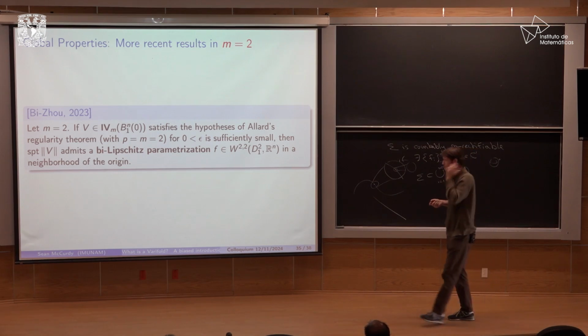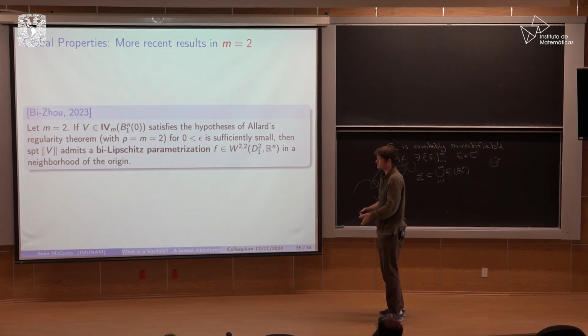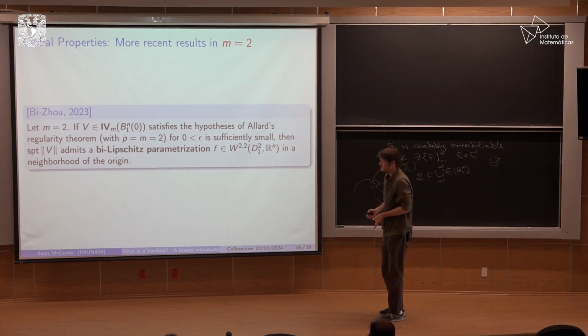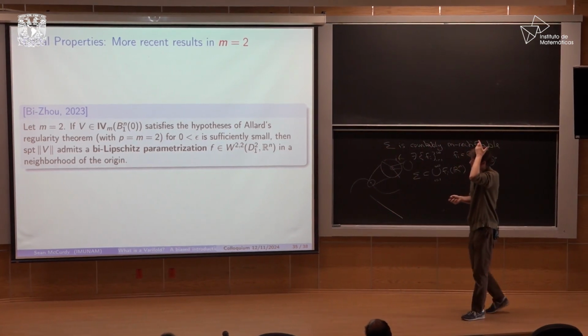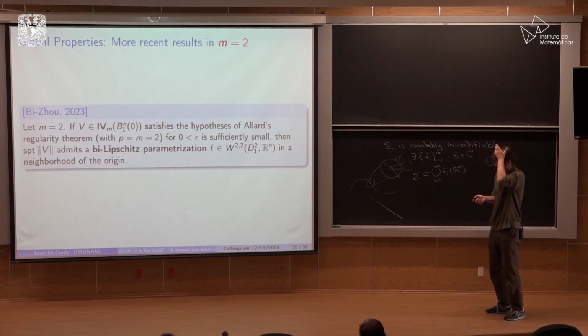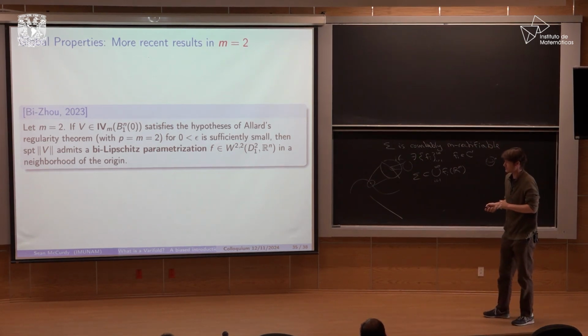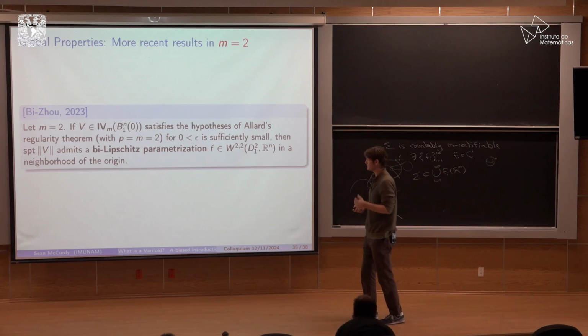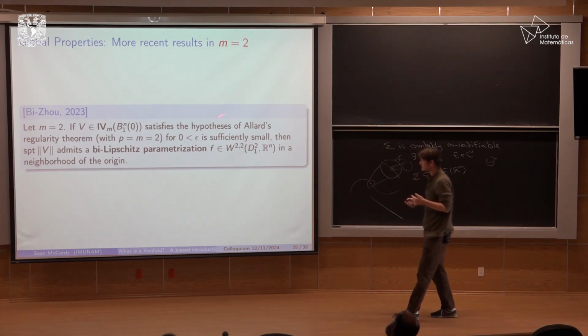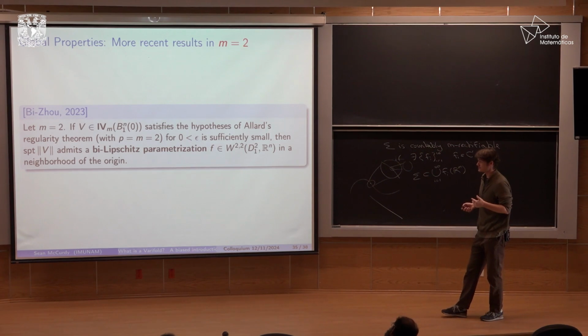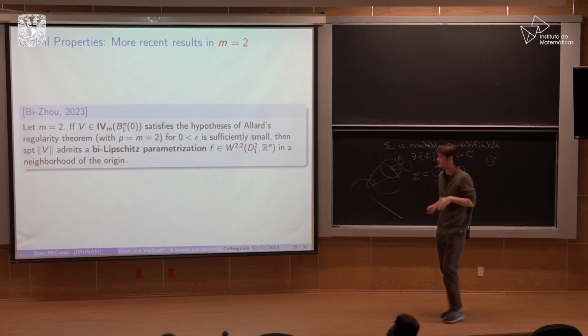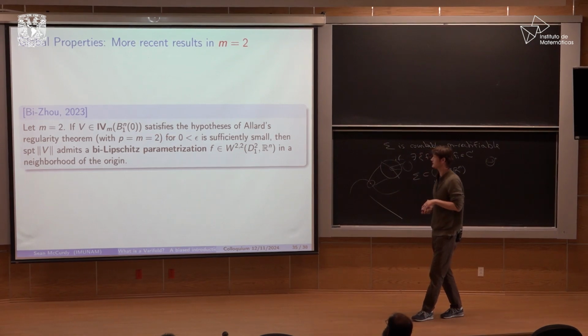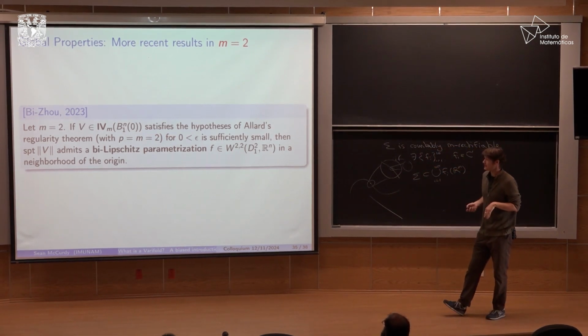And this was left basically without any real progress up until last year, when Bi and Zhao published this really beautiful paper, which says that for two-dimensional varifolds, if we assume that the density only takes integer values, and if we assume also the hypothesis of Allard's regularity theorem, this sort of very close to a disk condition, but just now with critical dimensions, and as long as epsilon is sufficiently small, then in fact the support admits a bi-Lipschitz parameterization by some function f, which is in W^{2,2}.